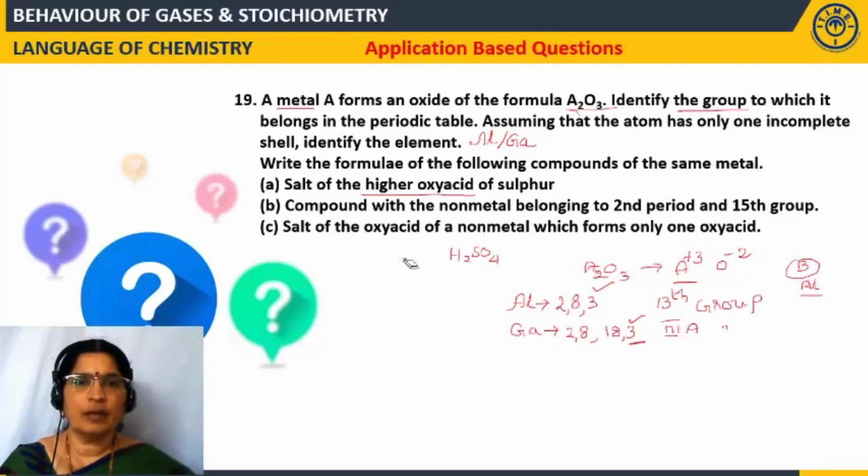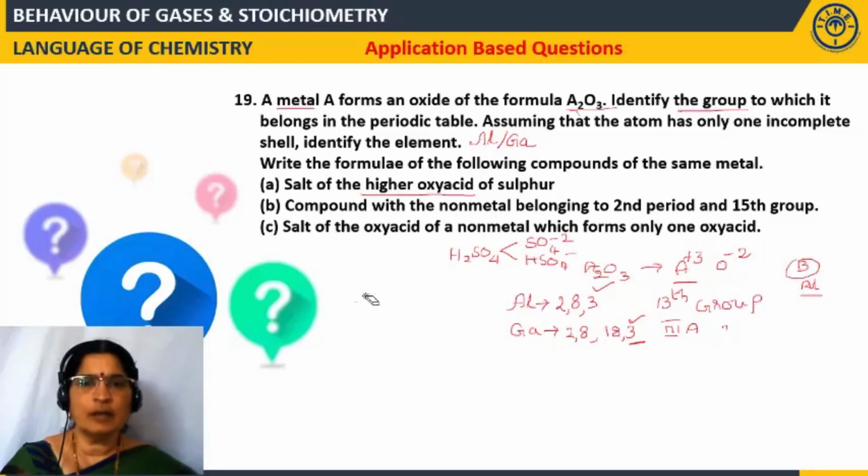If you are taking A plus 3, metal A, and sulfuric acid can give 2 ions, SO4 minus 2 and HSO4 minus.